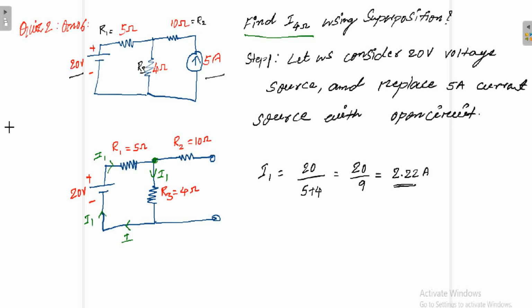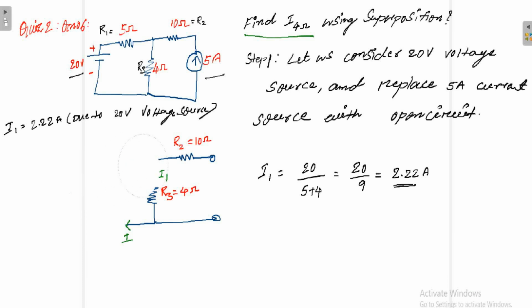So here we got I1 equal to 2.22 amperes, which is due to the 20 volts voltage source. Why are we not considering this 10 ohms? Because zero current flows through it and it does not take part in I1. So I1 is equal to 20 by 5 plus 4. Here we got the first response as 2.22.